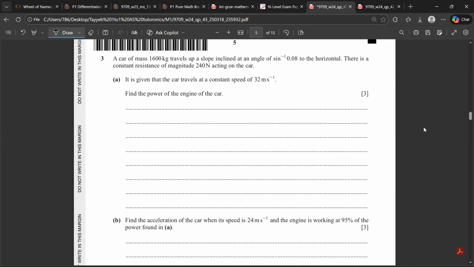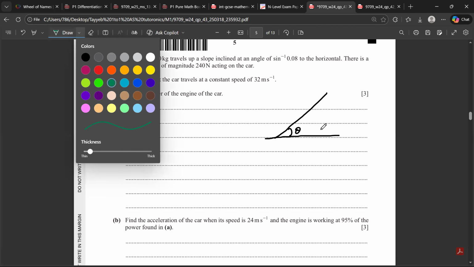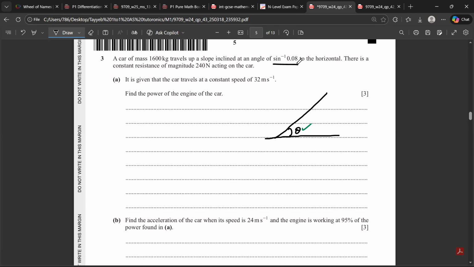Car mass 1600 kg travels a slope. So now there is a slope. Okay, and we have the angle theta because sine inverse is given. So we know the angle. Consider it known. Then because it's given here, there is a constant resistance of magnitude 240 Newton acting. Okay, so the car is going up.